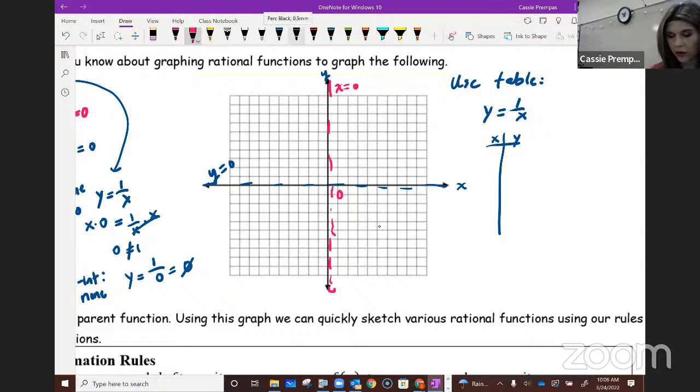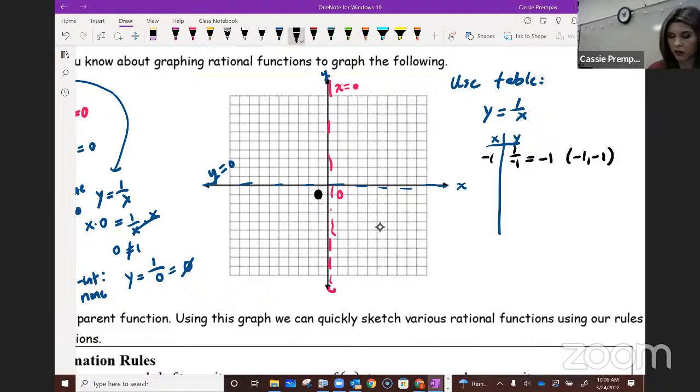For right now, I'm just going to plug in -1, but I could have chosen -2. If I plug in -1, this point is pretty easy to remember. What am I going to get out for y? -1. So this point, -1, -1, that's pretty easy to remember. And that will always happen on this parent graph, y equals 1 over x.